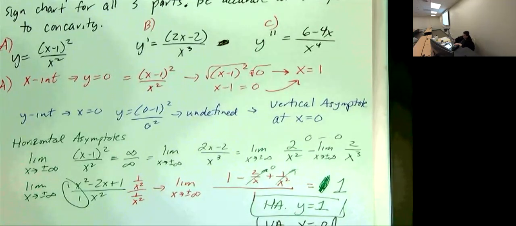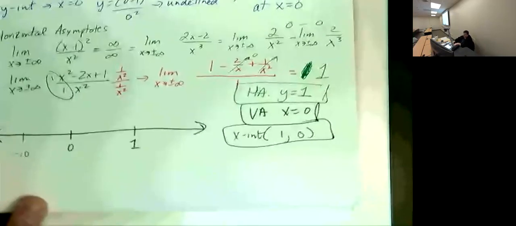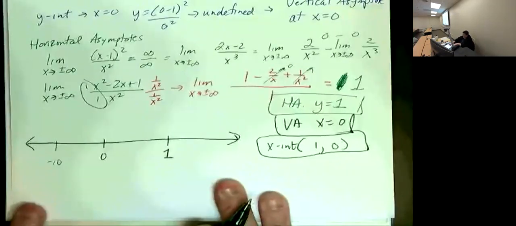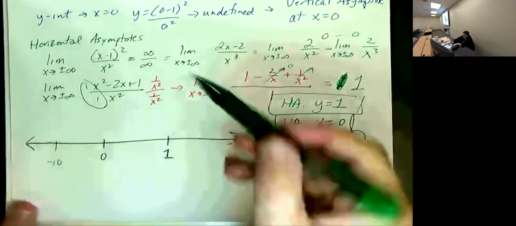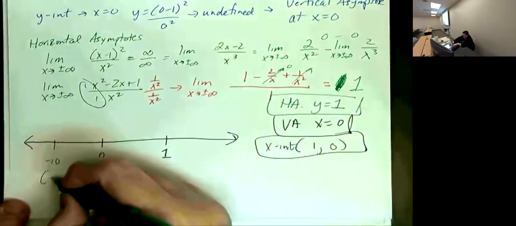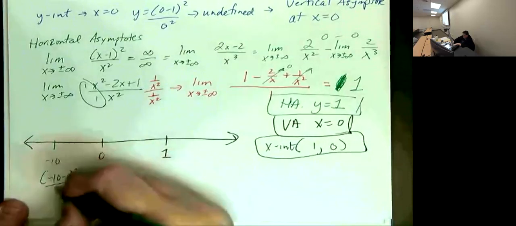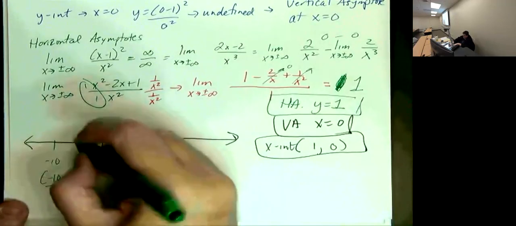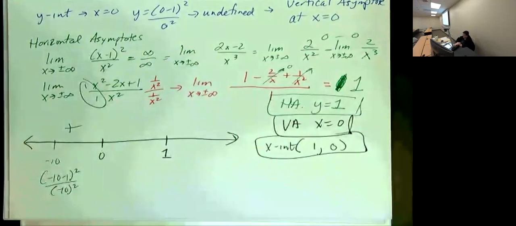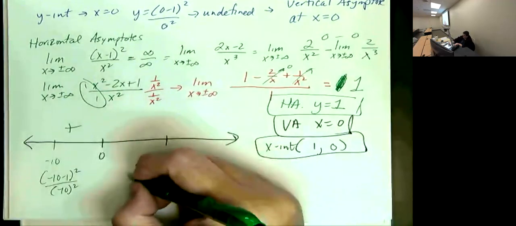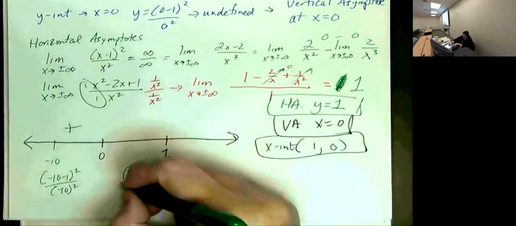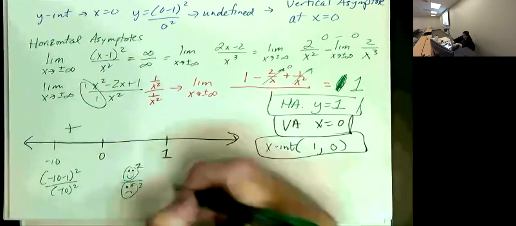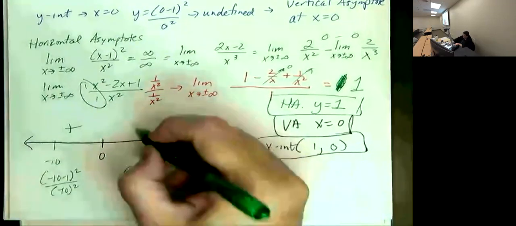So if I test like -10, off screen, right? -10, if I stick it into y, (-10 minus 1) squared over (-10) squared, positive over a positive is positive. In fact, it's a square over a square. Smiley face squared over frowny face squared. They're both positive no matter what.